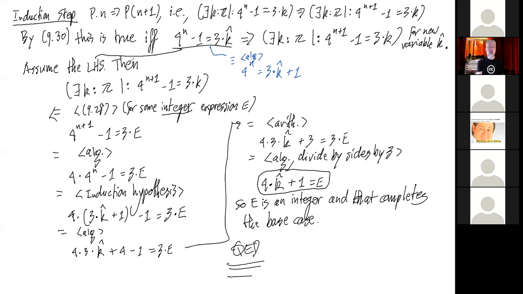Gotcha. So then we started with the right-hand side. The right-hand side followed from something which was equivalent to something which is equivalent to something which is equivalent down to here. Okay? Because e is an integer, this is true. If we've solved for e, we have found a value that makes this true.